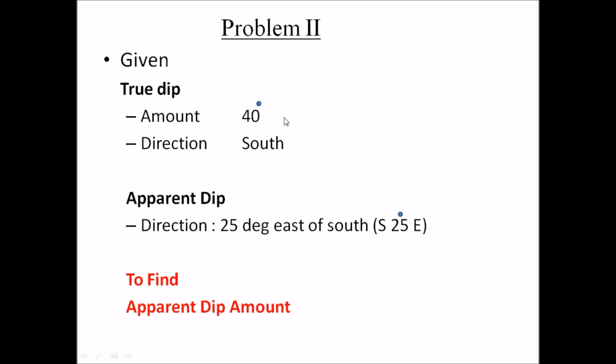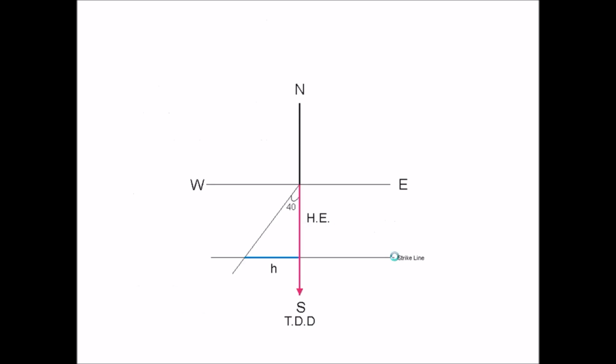So in this problem we are taking a case where the direction of true dip is south and the amount is 40 degrees, and the given apparent dip direction is 25 degrees east of south, and we have to determine the amount of apparent dip in this given direction.